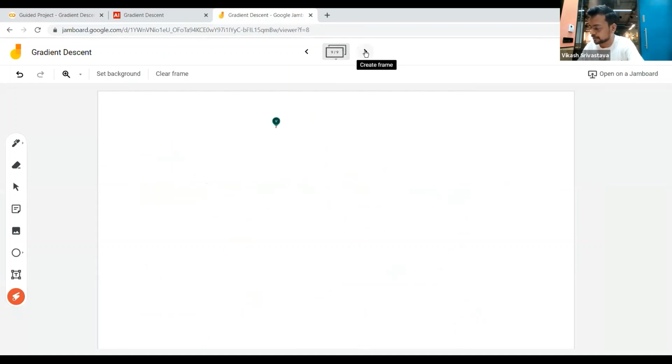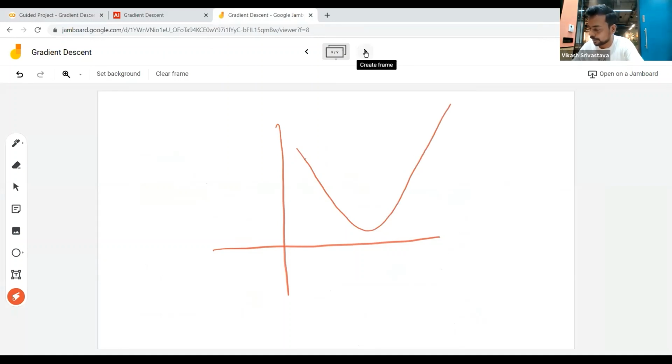So we have this function. Let's say I start at this particular point, which we'll call x init, or x initial. Then x next is the next x, right? This is of course your x axis and this is your y axis, and let's call this function f of x.